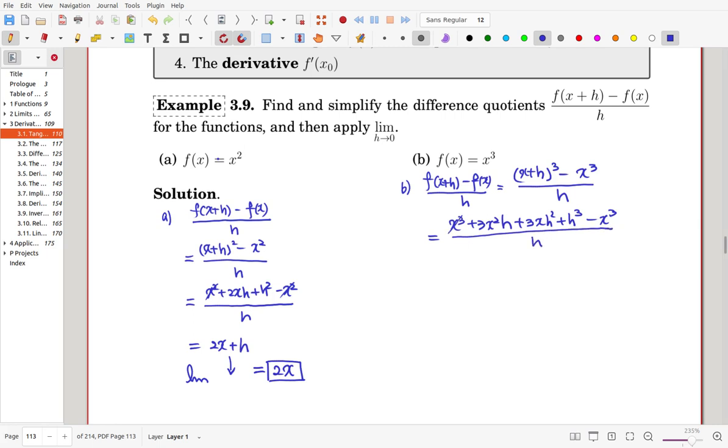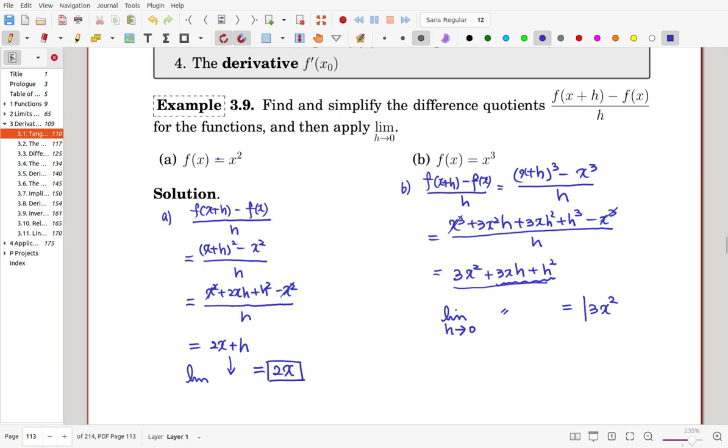We can cancel the x cubed terms, and for the remaining parts, dividing by h gives 3x squared plus 3xh plus h squared. Once you apply the limit as h approaches 0, the h terms approach 0, and the remaining part is 3x squared.